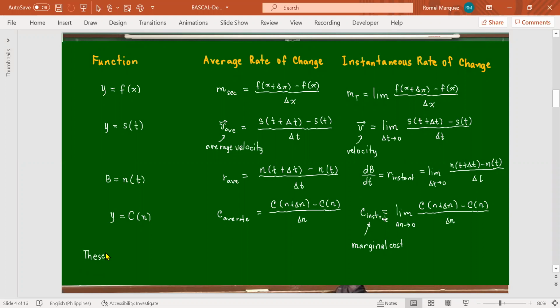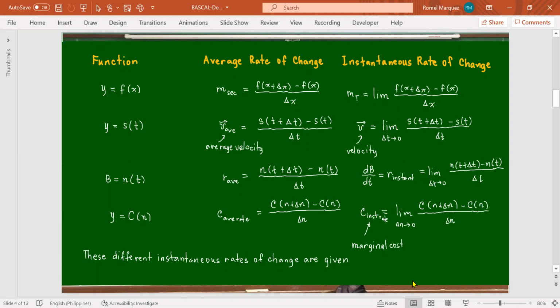So these different instantaneous rates of change are given a special name or a neutral name.